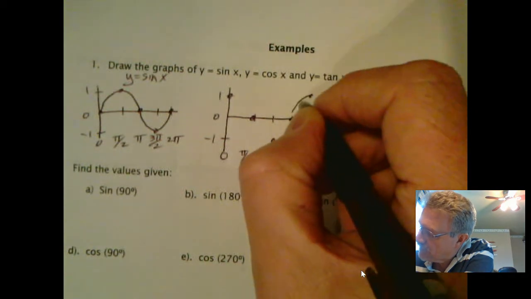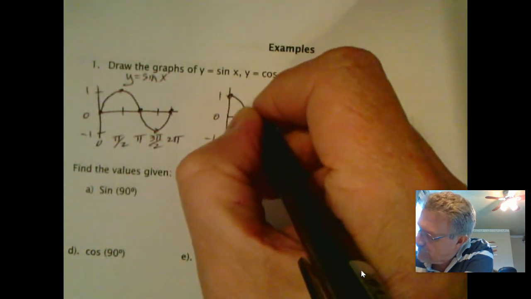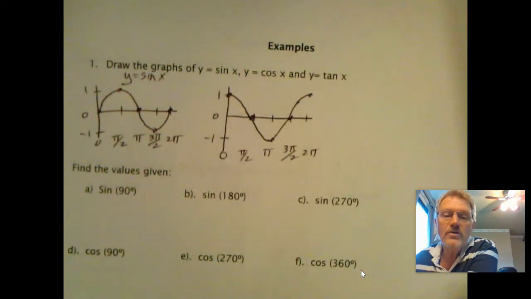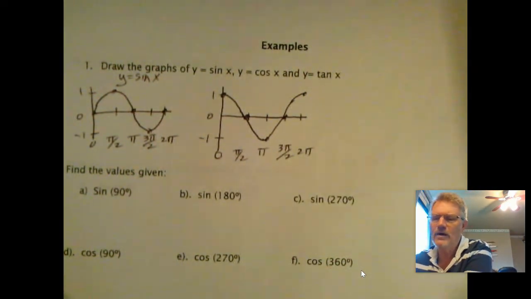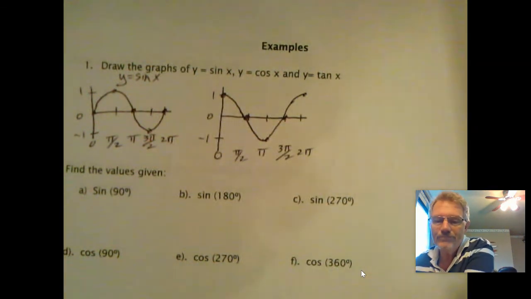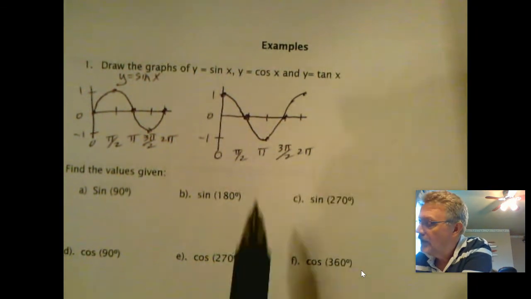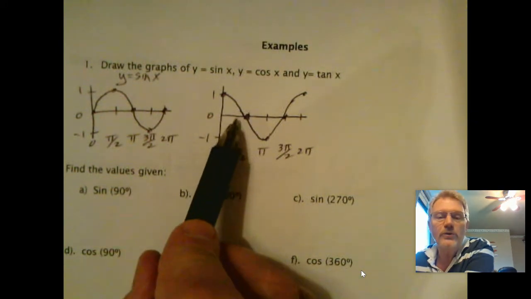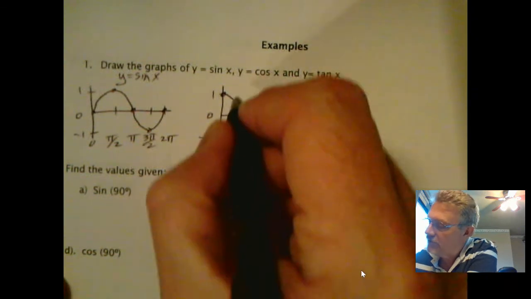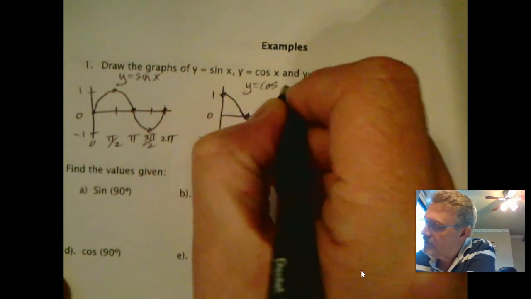Remember, it's a curve, it's a function, so no vertical lines, and no straight lines. So there's a good example. I'm writing way off to the side farther than I usually do. Excuses, I know. I knew the point was supposed to go through there. My line missed a little bit. No big deal because I've got the point there. All right, so that one is y equals cosine x.